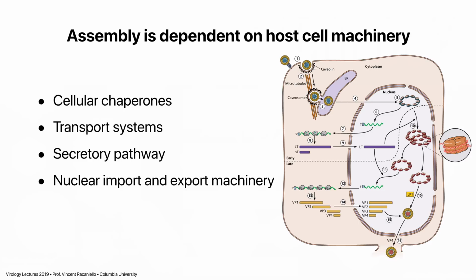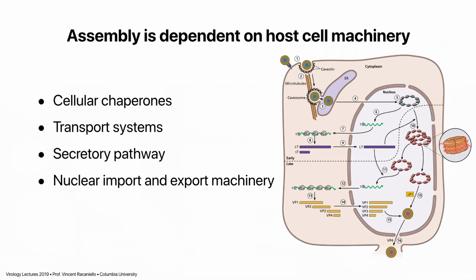So the cell provides many things, including for assembly chaperones, that is, proteins that assist in assembly reactions. Transport systems, not only to bring the viruses into the cell, as we talked about during entry, but to bring them out on the way out.